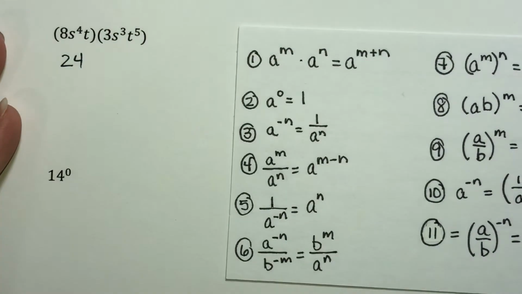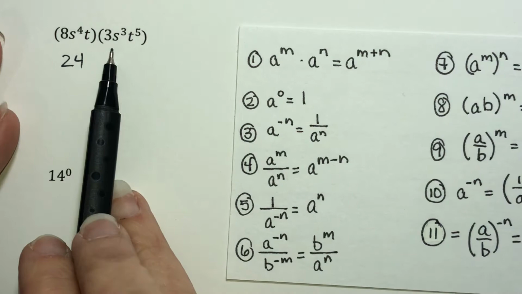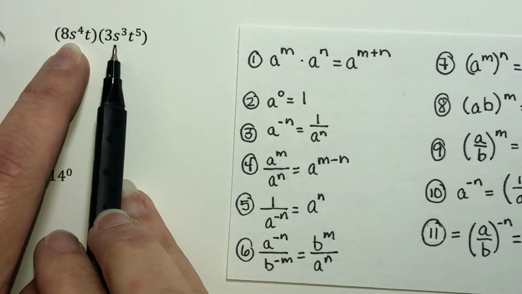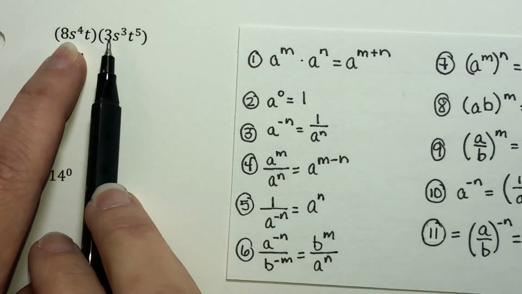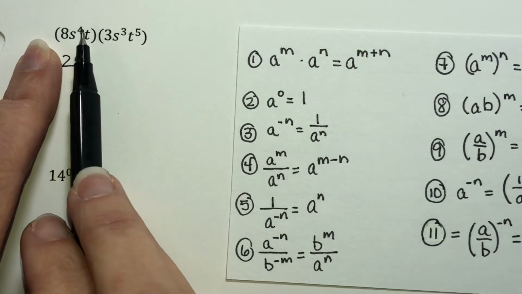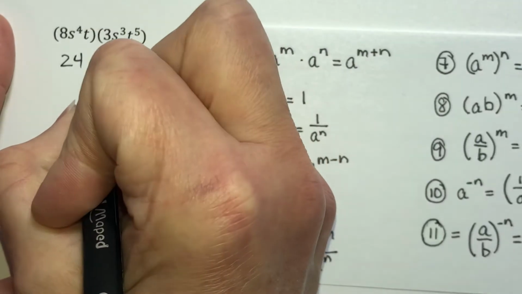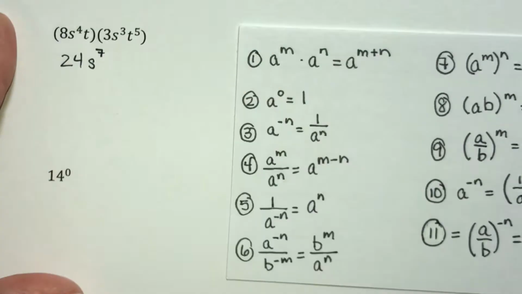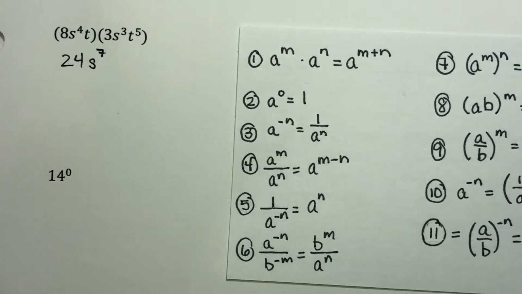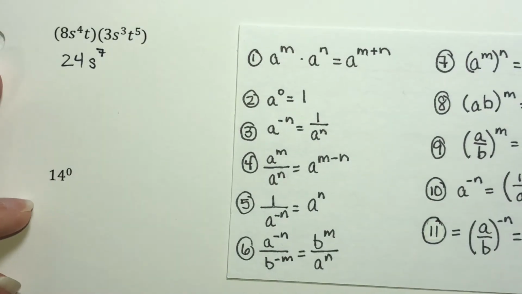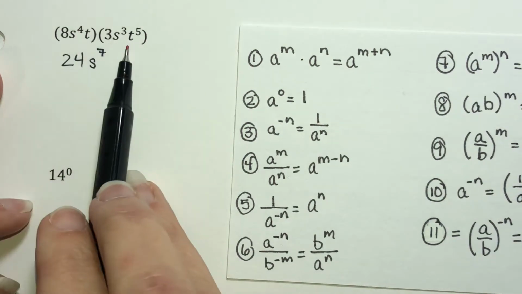Okay, that part's done. Now I get to multiply these s's together, and since they have the same base, I add those exponents. So this is going to be s to the 4 plus 3, which is s to the 7th power. Now we multiply our t's. I have t times t to the 5th.